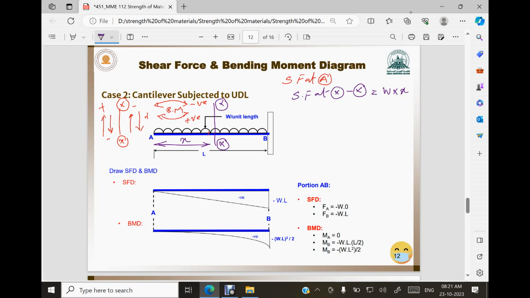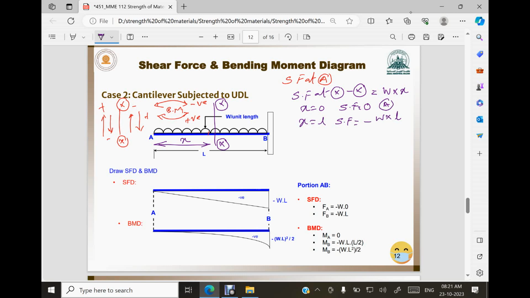When X is equal to 0, what will happen to the shear force? Shear force is 0. That is point A, is it not? When X is equal to L, what will be the shear force? Shear force will be equal to minus W into L. Correct?